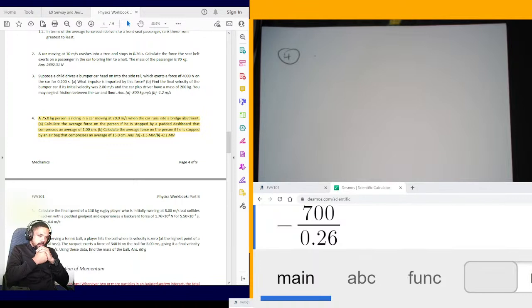You have an initial velocity, and you want to know what your final velocity is, because you traveled a distance of 1 centimeter basically.